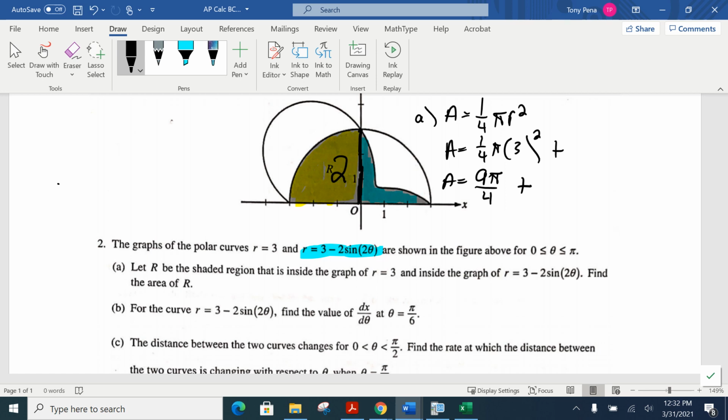This is definitely not a circle. So now we really do need to do this with our little sector formula, where we're going to do 1/2 the integral, and it's just a single curve. So it's just r squared. So 3, let me make it a little bigger, 3 minus 2 sine of 2 theta, squared.